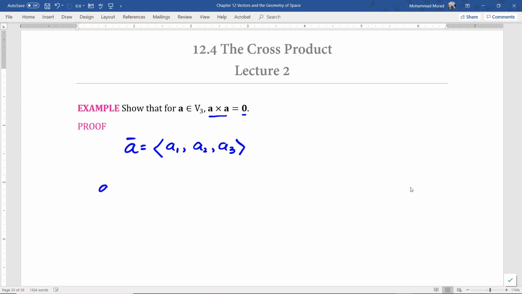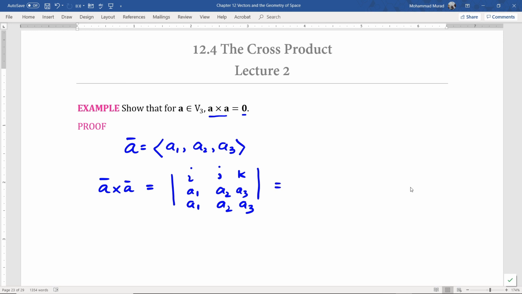By definition, A cross A would be the determinant whose first row contains the standard basis vectors, and the second and third rows contain the components of the vector A. In this case, they are both the same.